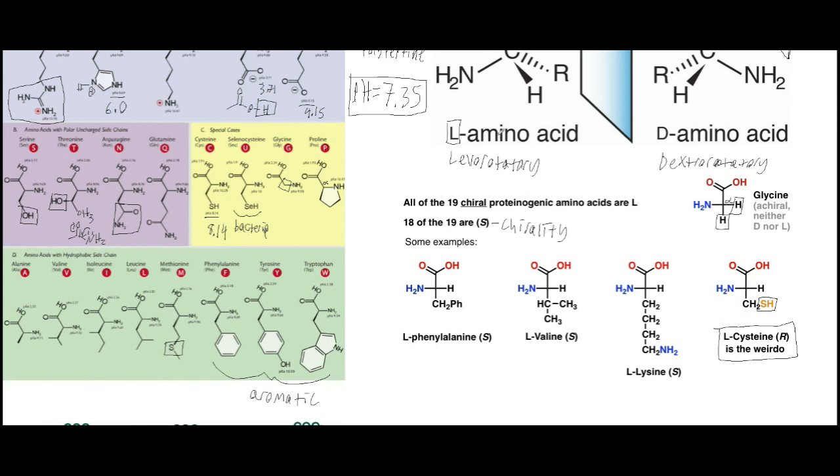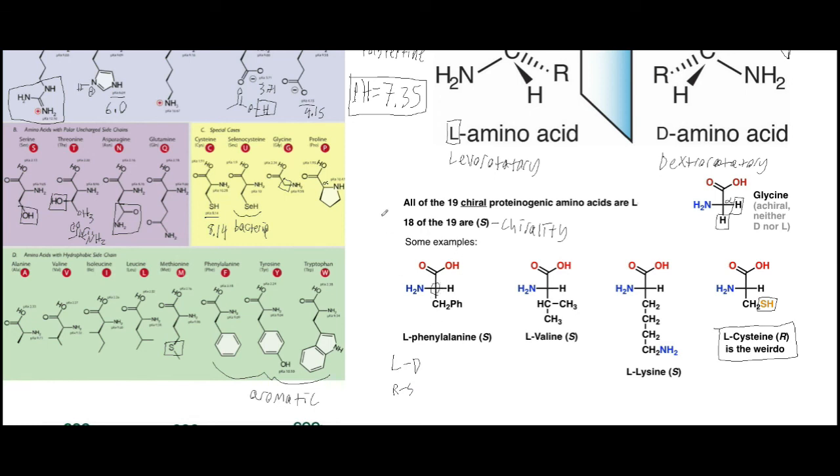It still has the levorotatory effect on plane polarized light, but it is the L chirality. And so, like I said in the carbohydrates video, the L and D is talking about the entire molecule, where the R and S is talking about just a single carbon.